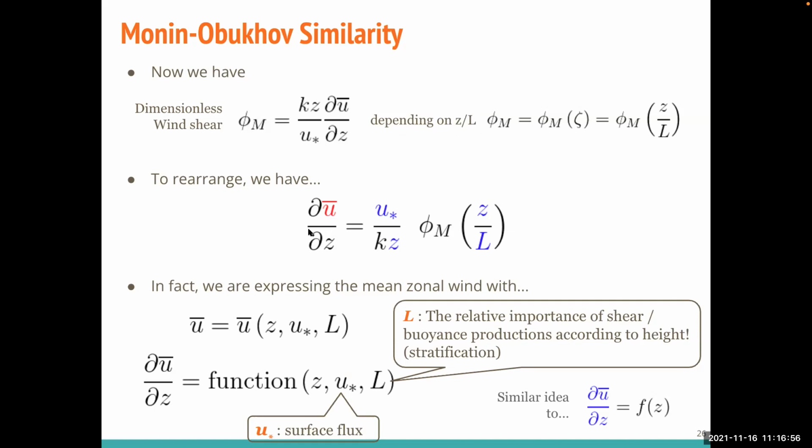Okay. So we rearrange the same equation, and then we assume that this one is depending on the dimensionless height. Which means that your wind profile, the change of your wind according to height, is also depending on the surface properties, the U asterisk and L here. So L is controlling the relative importance.